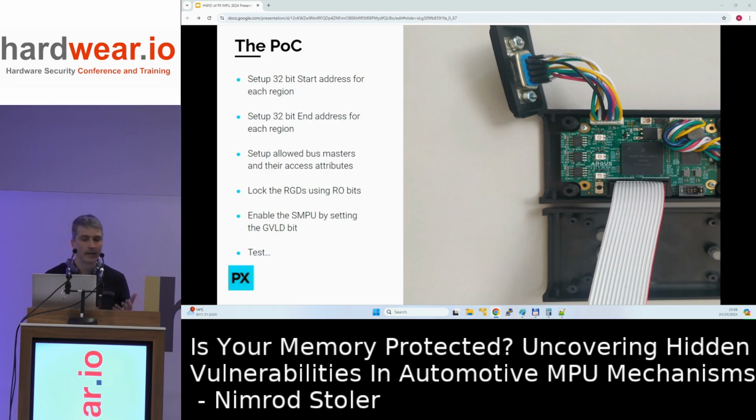Therefore a privileged attacker can disable the SMPU by simply writing 0 to that GVLD bit in the CSR0 register, as simple as that. This would allow access to previously protected memories for both reading and writing.